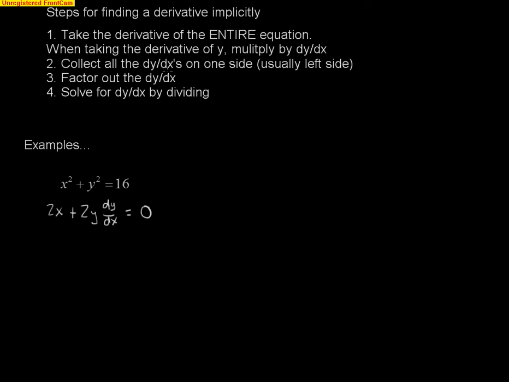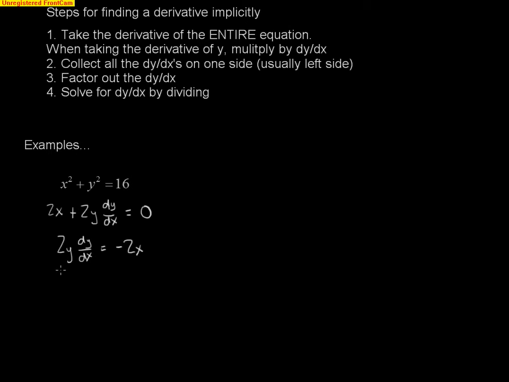Alright, so now we got to collect all the dy dx's on one side. We only have one this time, so we'll leave this to stay put. So we'll have 2y dy dx equaling negative 2x. Don't forget your basic algebra rules. When you move something from one side to the other, you flip the sign over. Usually we factor out a dy dx if we have more than one term, but we don't have more than one term, so we just have the dy dx here.